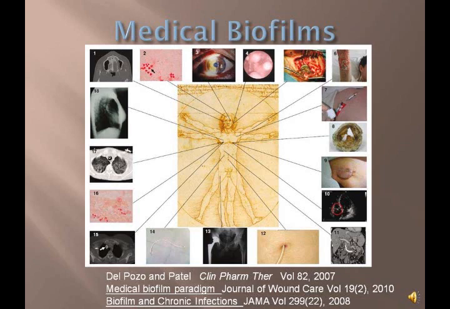So what we find, if we take this whole group of diseases and put them together and look at how clinicians over time have evolved their therapy, is that our colleagues in different specialties treat their chronic infections very similar to the way we treat ours. It's with episodic doses of antibiotics, mainly empiric.